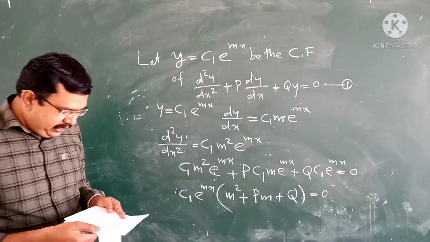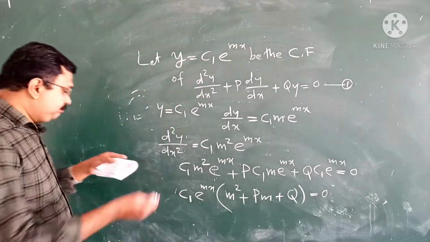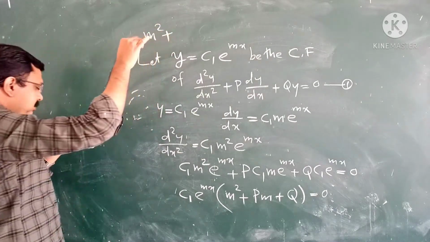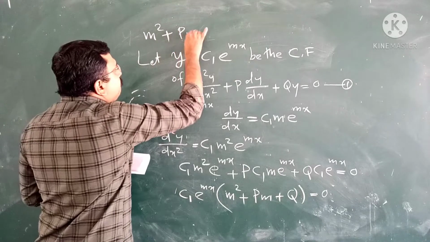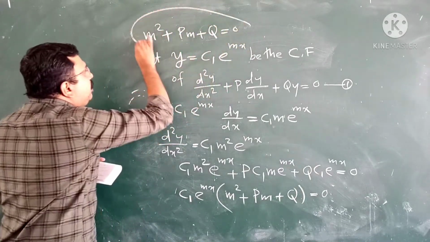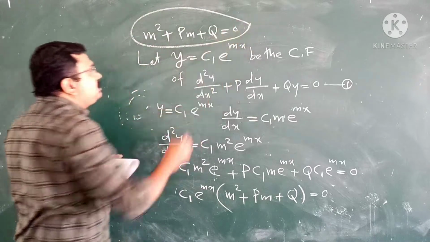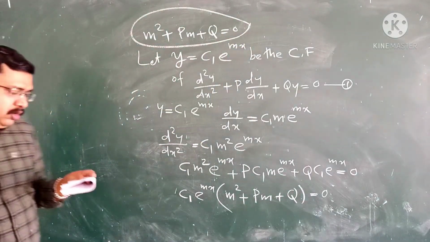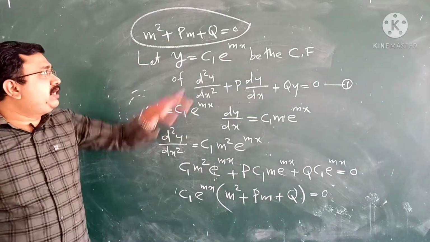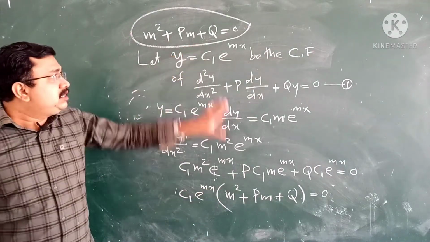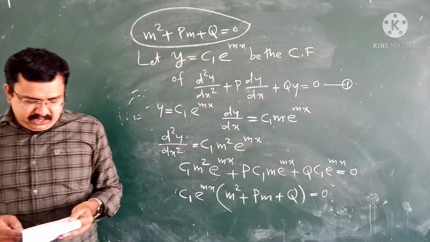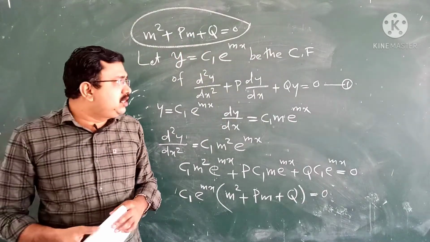Then we can write m square plus pm plus q equal to 0. It is called the auxiliary equation. Remember that this equation is called the auxiliary equation. Very important.